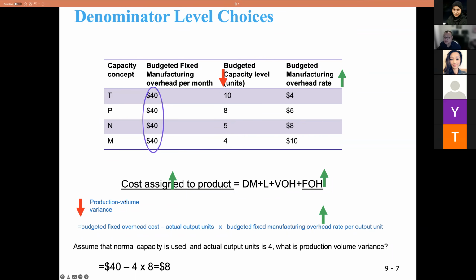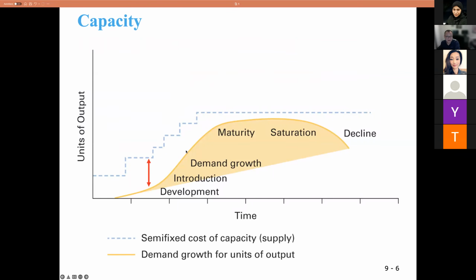So what is the production volume variance? If you have seen these pictures, you see this graph. We always have more production capacity than the demand, right? So that is what we mean by the variance. So how do we calculate this variance?